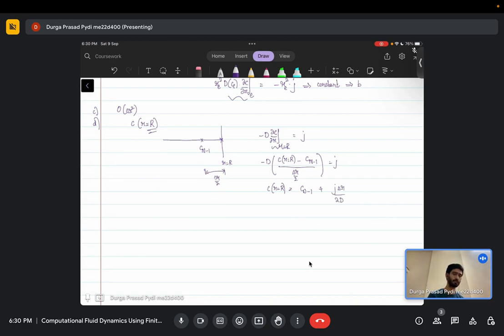The question is, what will be the order of accuracy with this approximation?